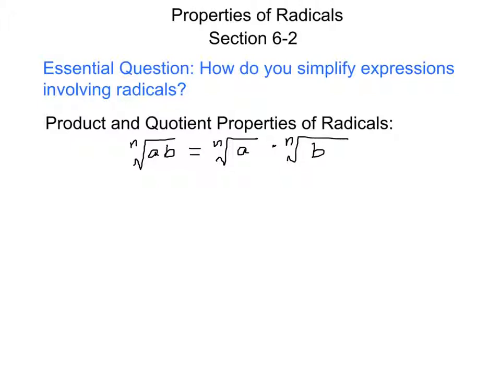And similarly, if I have the nth root of A over B, where we've got basically a fraction here, again the nth root, this is simply equal to the nth root of A over the nth root of B. So these are the product and quotient properties of radicals.